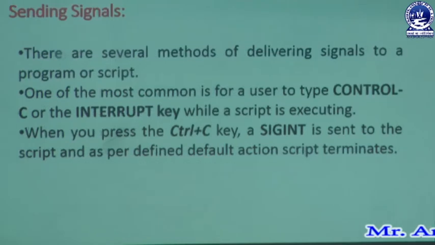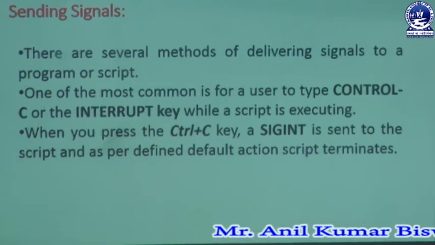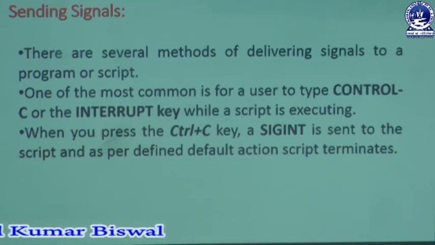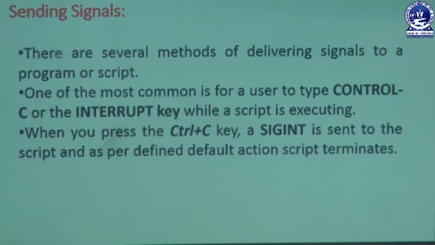In the next slide we are going to discuss how to send signals by using this signaling technique. We have several methods in our Unix system for delivering signals to a program or script. One of the most common is for a user to type Control-C, the interrupt key, while a script is executing.